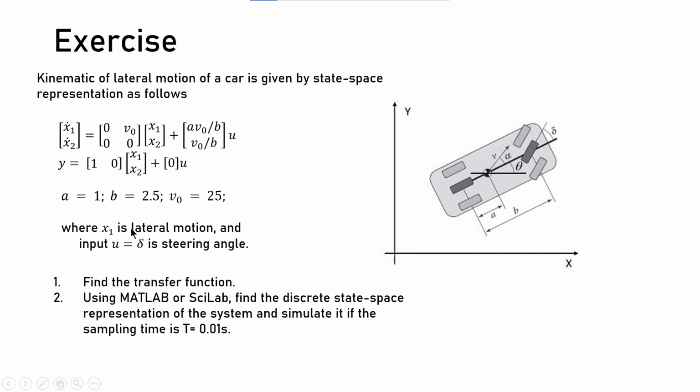So in here you will need to transform the continuous state space into discrete. For number 1, you find the transfer function just to warm up, and then you use software, MATLAB or Scilab, to transform the continuous state space into discrete state space, and then you simulate the system, and the sample time is 0.01 seconds.